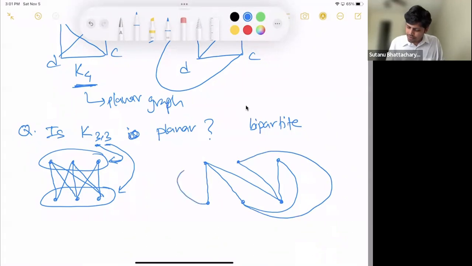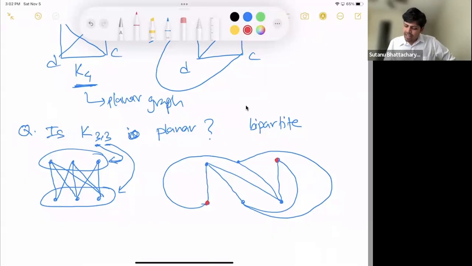Then draw this one. This one is already done, so there is no need. Okay, so only see this one and this one.